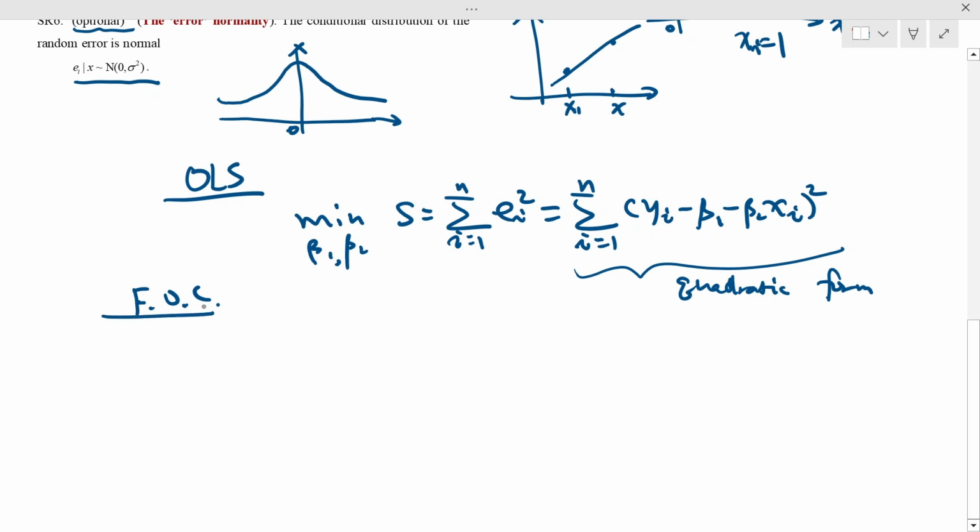So let's check the first order condition. Differentiate S with respect to beta 1. So there's beta 1 here. When e is raised to the power 2, let's bring the power down.